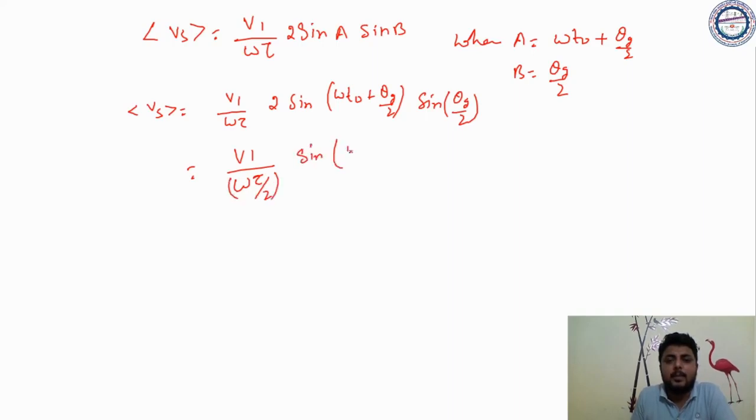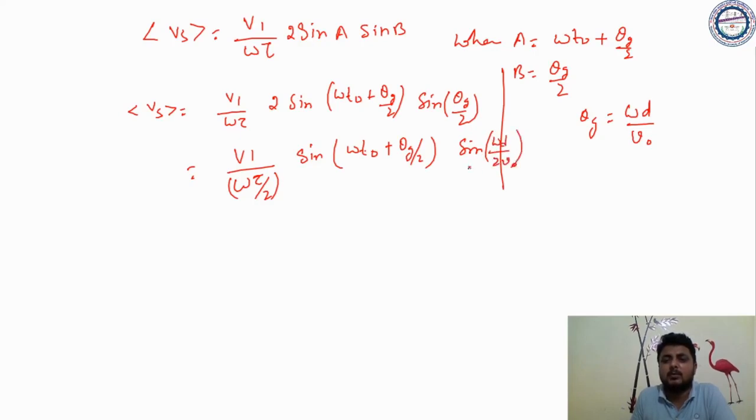So this can be written as V1 divided by omega tau, by 2 into sin of omega t naught plus theta g by 2 into sin theta g by 2. Or you just substitute theta g. We know theta g is nothing but omega d by v naught. You substitute, no problem, omega d by 2 v naught.